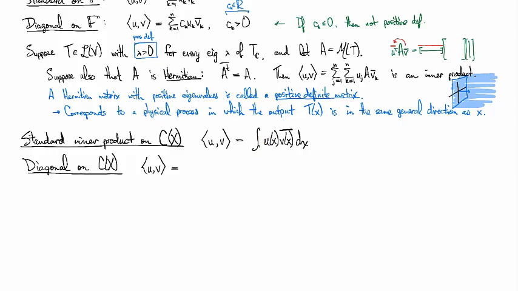I forgot to write that this is the integral over x. And we need the same thing over here, so this is going to be the integral over x of ux vx conjugate, and then we can put in a weight function, sigma x, as long as sigma is everywhere strictly positive.